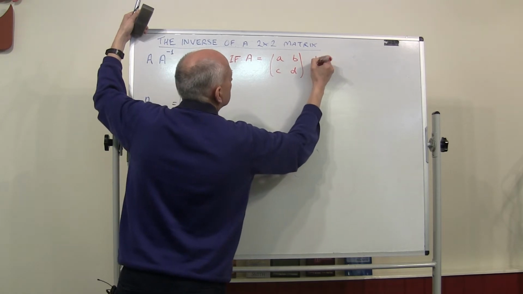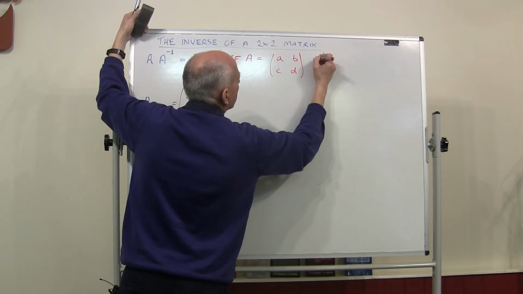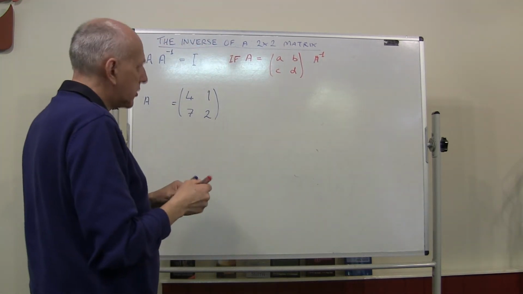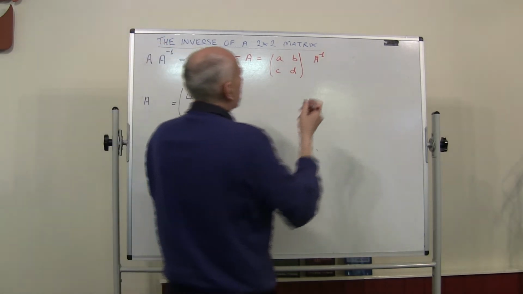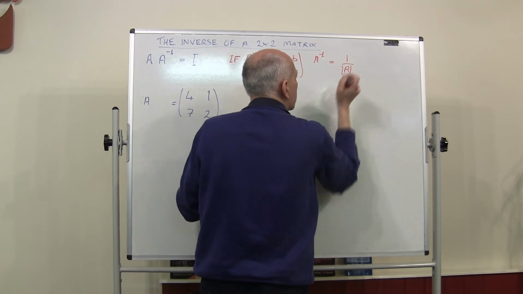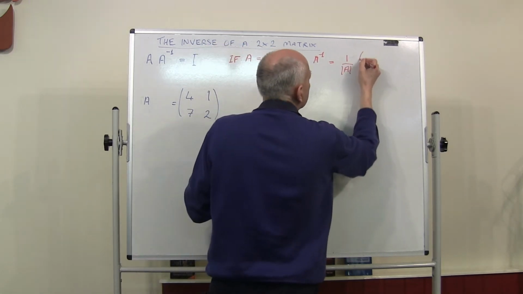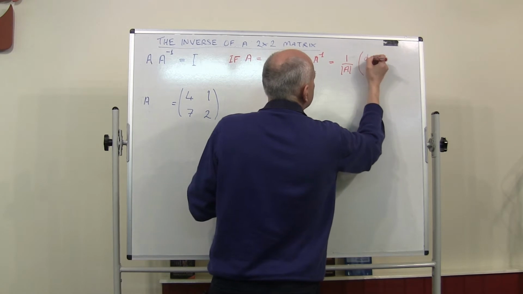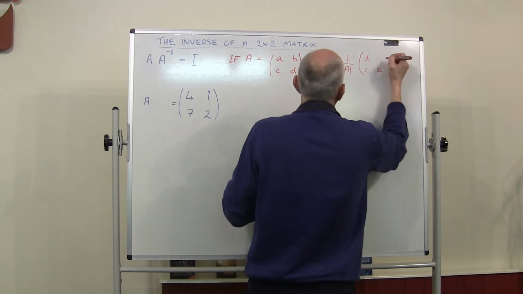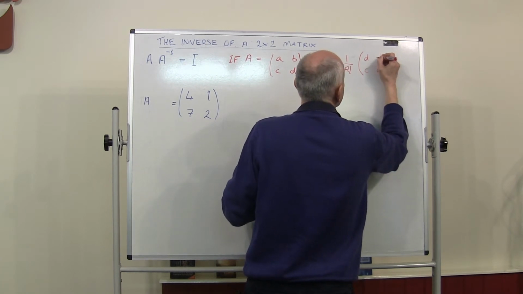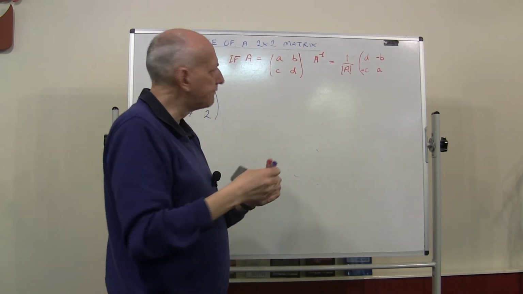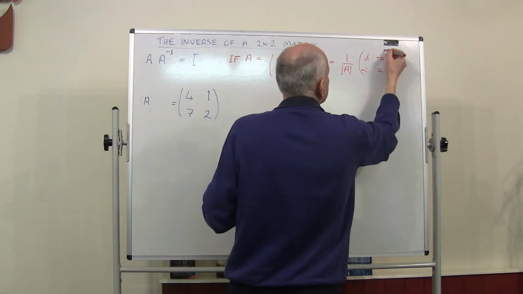Then the inverse of it, so minus 1 for the inverse, quite often used text, will be this: 1 over the determinant of A that we've done, times D and A, so those two numbers swap places, and these two numbers swap signs. So if they were plus, they become negative. If they're negative, they become positive. So that's as simple as it is.